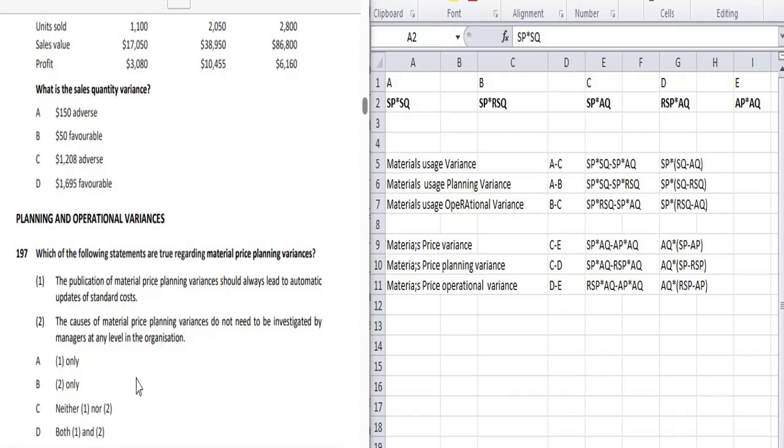The publication of material price variance should always lead to the automatic update of a standard cost. Be careful with the word always, this will be dangerous. It will not always lead to the automatic update of a standard cost, there must be a good reason. It should not be unrealistic.